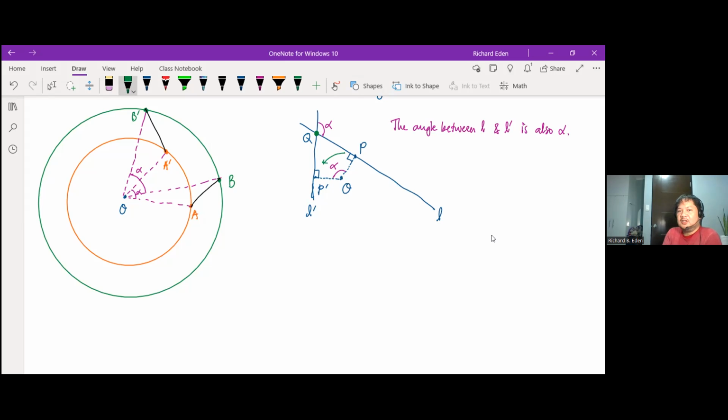Therefore, I'm thinking of the angle to be this angle. At any rate, if the rotation angle is alpha, then when you look at the two lines and they intersect, there will be two angles, and one of those two angles would have to be alpha. All right, so the angle between L and L prime is also alpha.